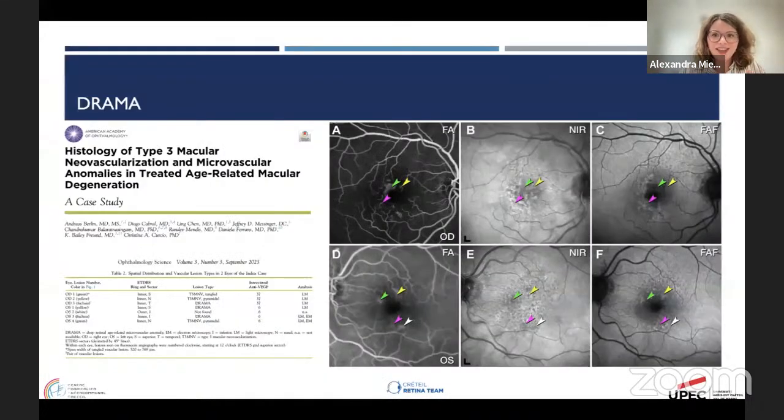But to complicate things even further, DRAMA can actually be associated with type 3 macular neovascularization, so appear in the same eyes as type 3 MNV.